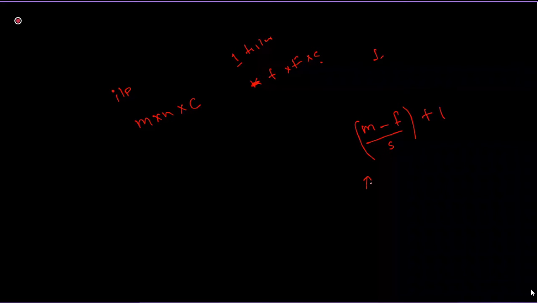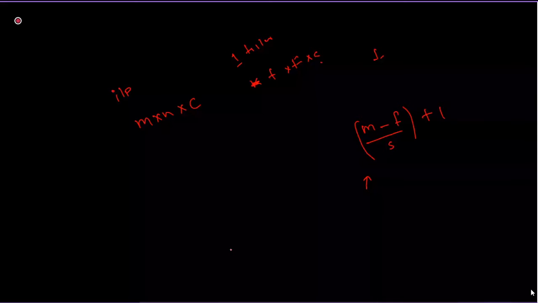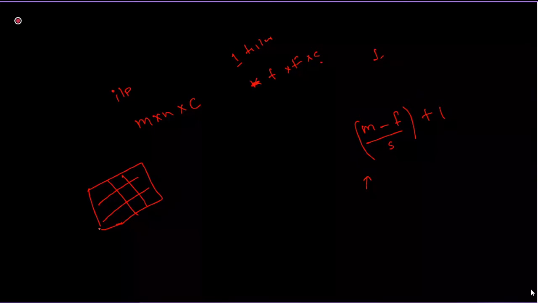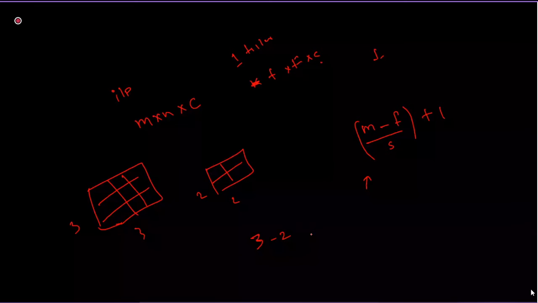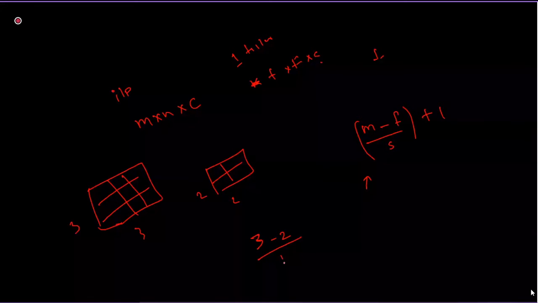In our example, we are taking a 3 cross 3 image and a filter of 2 cross 2. So it will be 3 minus 2 divided by 1. Here S is nothing but the stride, whether you are moving 1 pixel at a time or 2 at a time.